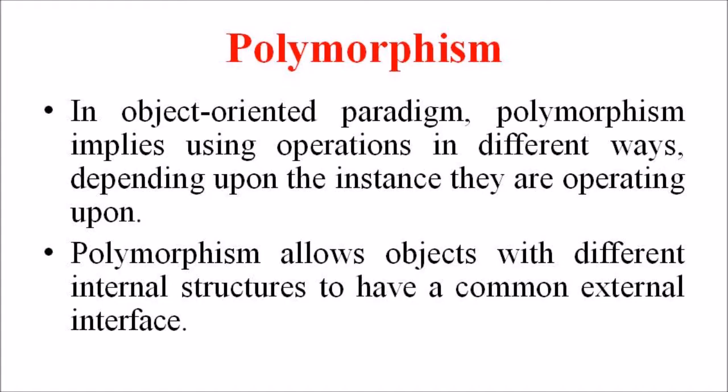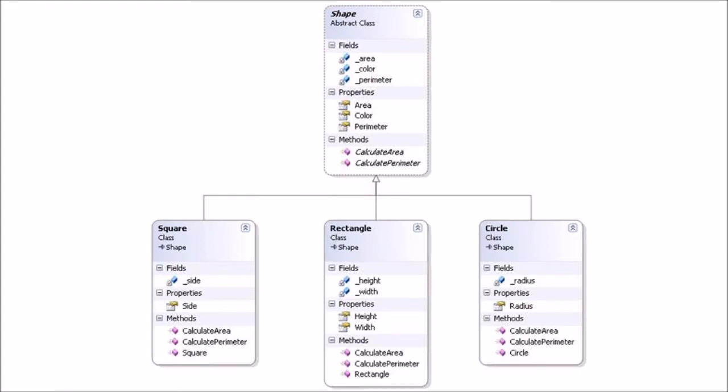For example, let us consider two classes, circle and square, each with a method find area of. Though the name and the purpose of this method in the class are the same, the internal implementation, that is the procedure for calculating the area, is different for each class.